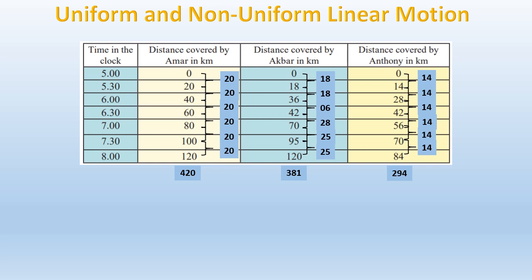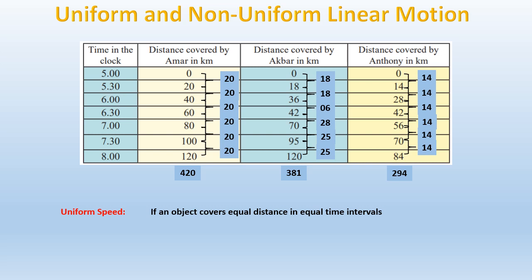Students, if an object covers equal distances in equal time intervals, then it is said to be moving with uniform speed. So uniform speed can be defined as an object covering equal distances in equal time intervals.